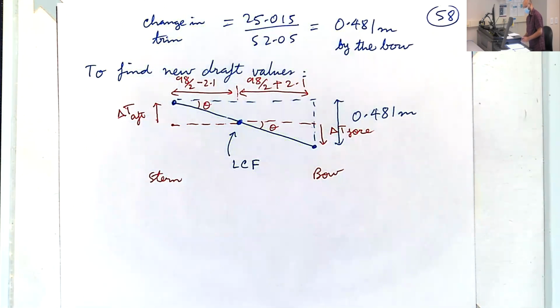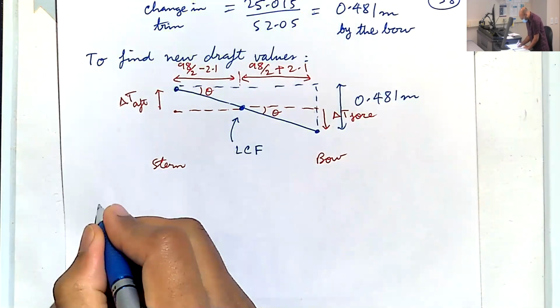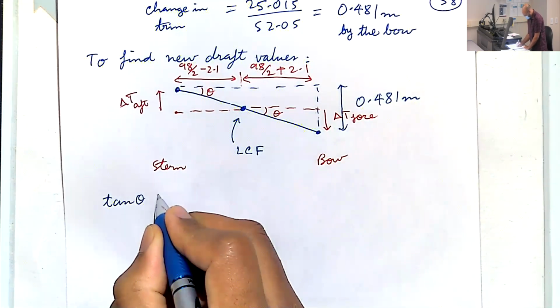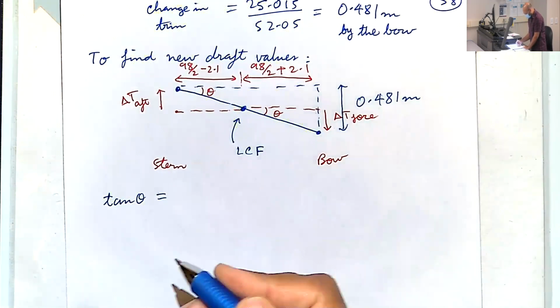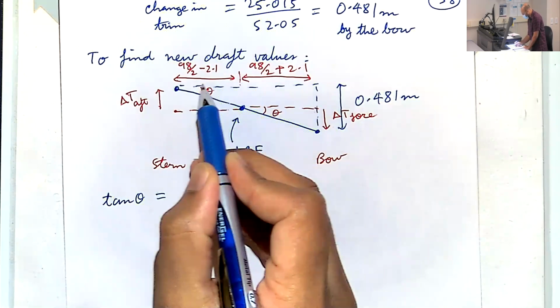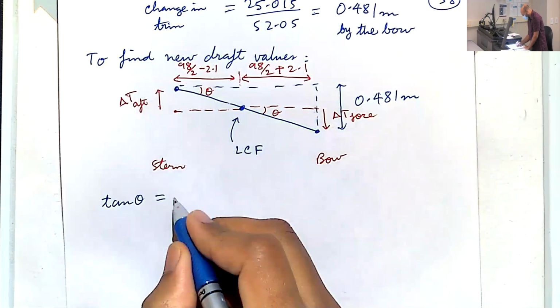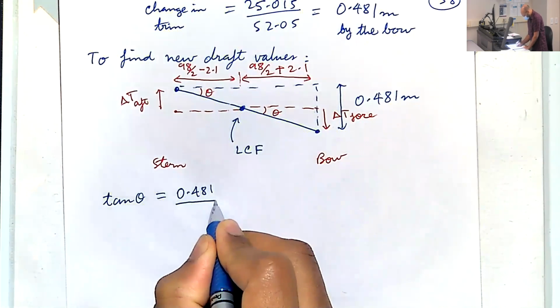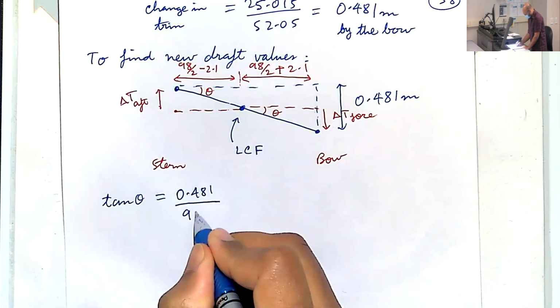It's just trigonometry from this point forward. Tan of theta, there are several ways for us to write this. Let's look at this bigger triangle, and we can write tan of theta is 0.481 divided by the whole length, 98, right?